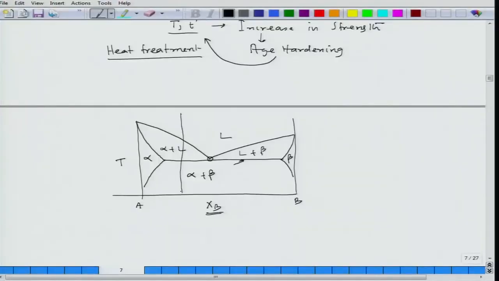Now, once we get this diagram, if I take these compositions at very high temperature, then everything will be liquid.